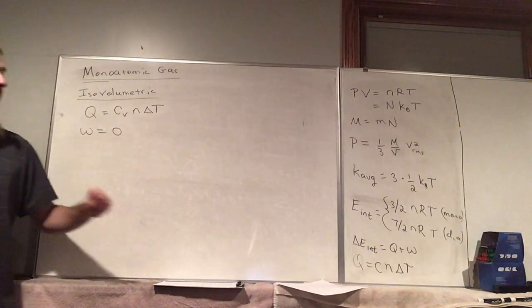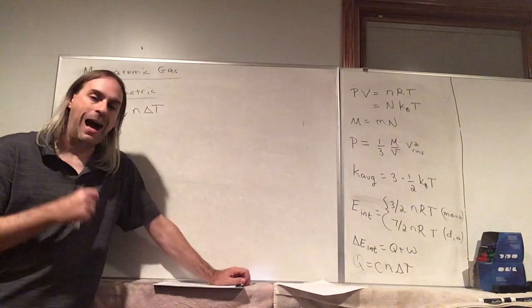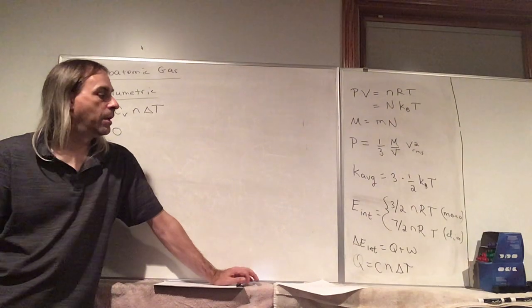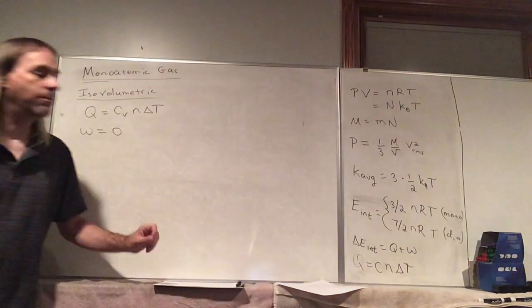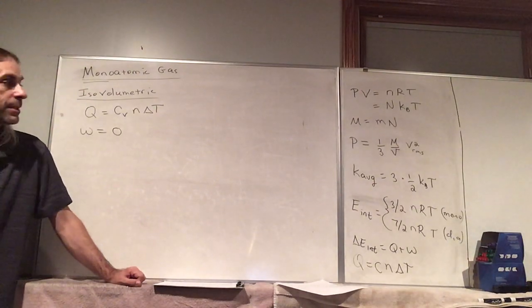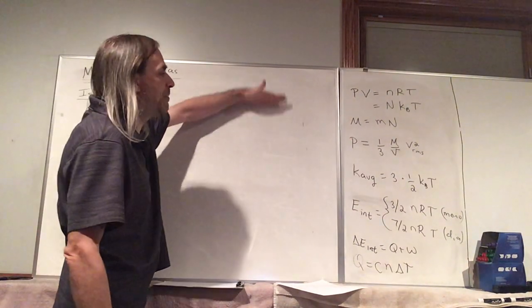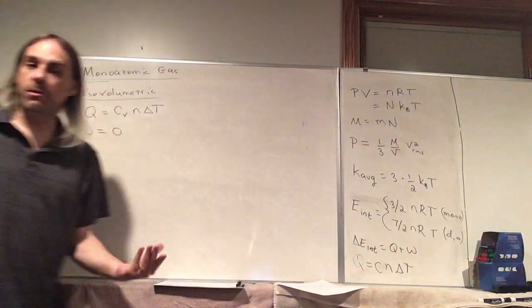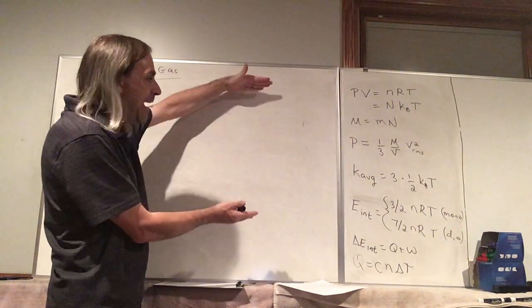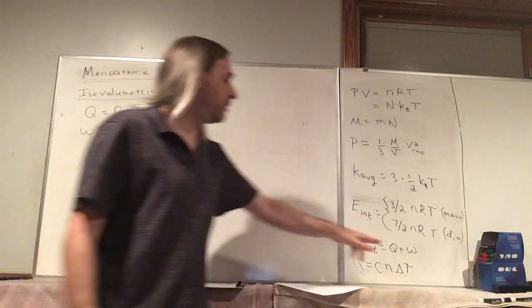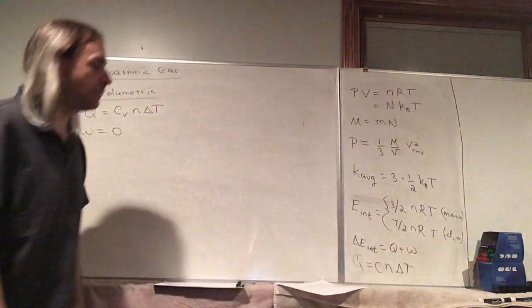Now, W is the work that is being done on the gas. So if work is being done on the gas, that's causing the energy of the gas to increase. So in that example with that expanding piston, the work would be negative in that case because we added heat and the gas expanded doing work, and so in that case W would be negative.